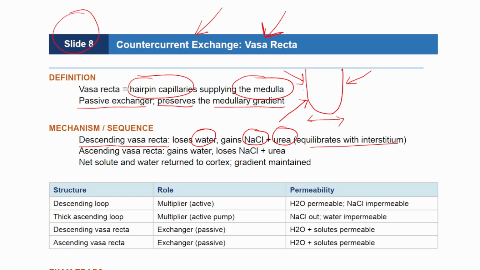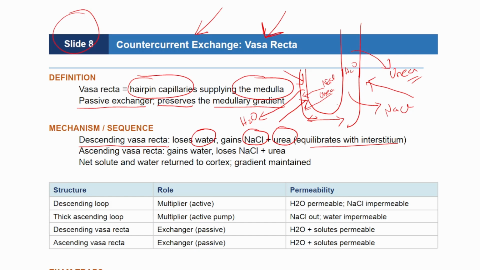So if we want to draw it again, this descending portion will lose water and it will gain sodium chloride and urea. Conversely, as blood flows upward through the ascending portion, this is the ascending vasa recta, the process will reverse. The vessel now will gain water back from the interstitium. That means water will get inside and it will lose sodium chloride and urea.